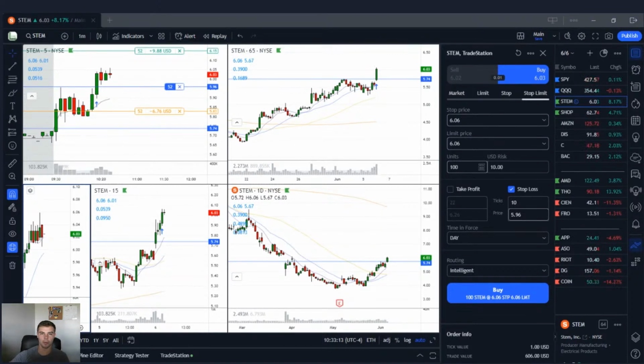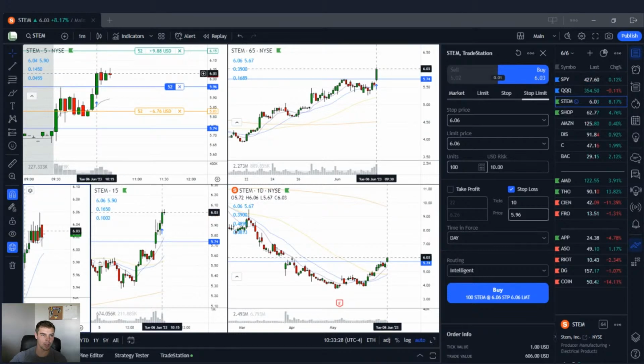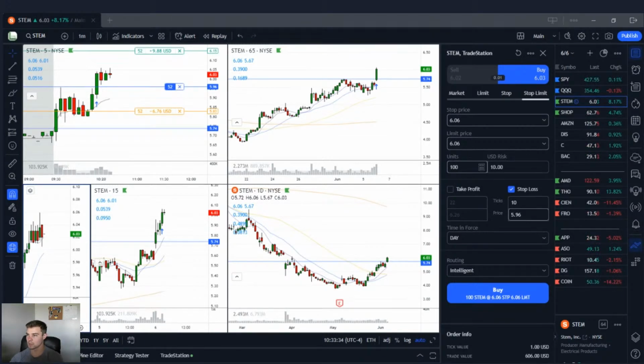I'm going to pull up my add-to-trade calculator just to see exactly how this would work out. Let's see. Entry is 6.06. Wait, original entry is 5.96. Original stop was 5.77. And we're getting 6.06.